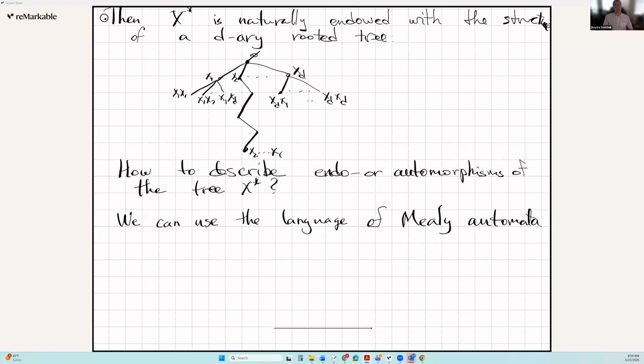Basically, this is the machine that is sometimes called a transducer as well, that will transduce finite words into finite words. And that's exactly what we need here, because if we want to define some automorphism of this tree, that just means that we have to find the recipe or the algorithm, right? That will tell us that this vertex, which is labeled by x1, x2, for example, has to move to vertex xd, x1.